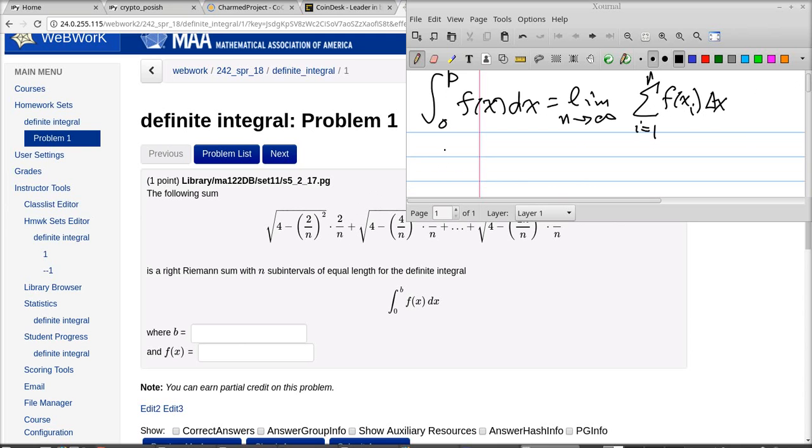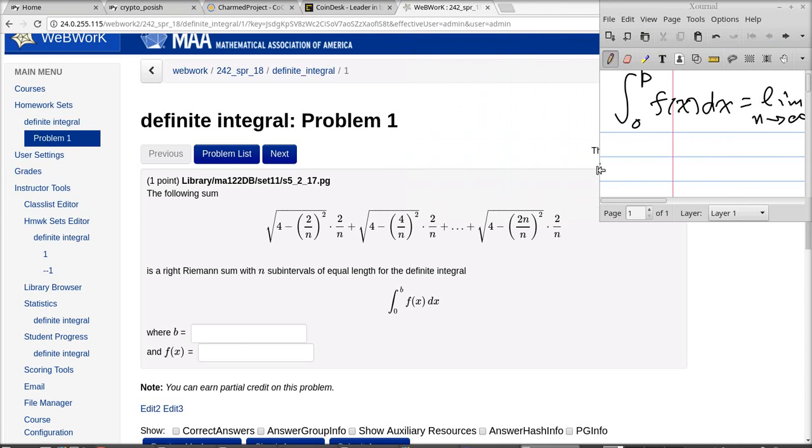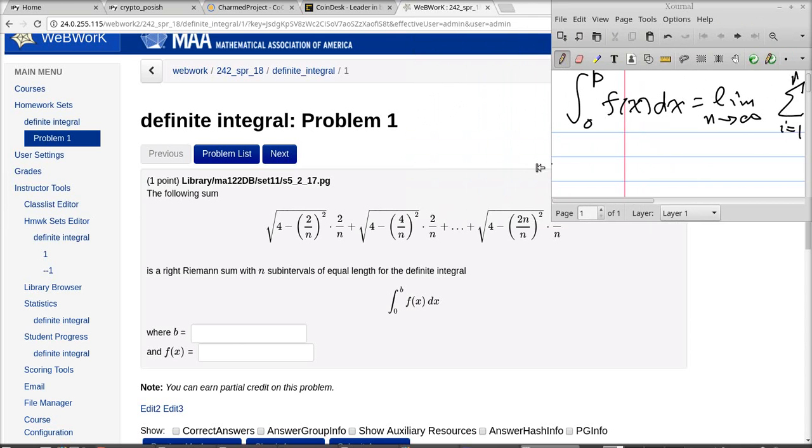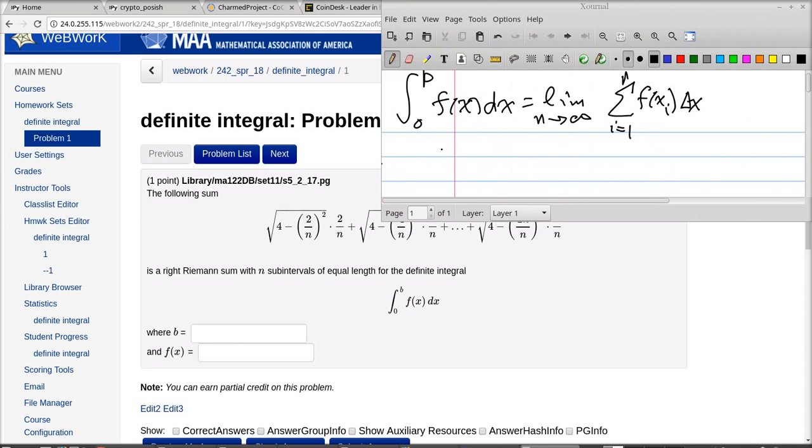It's very likely that 2 over n is delta x, because that's a factor that everything has in common, and you know that delta x is equal to b minus a over n, and so this seems to be equal to 2 over n.